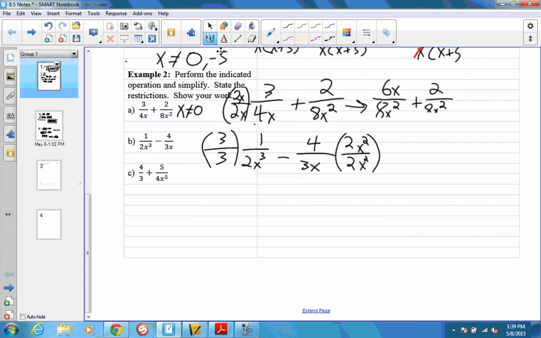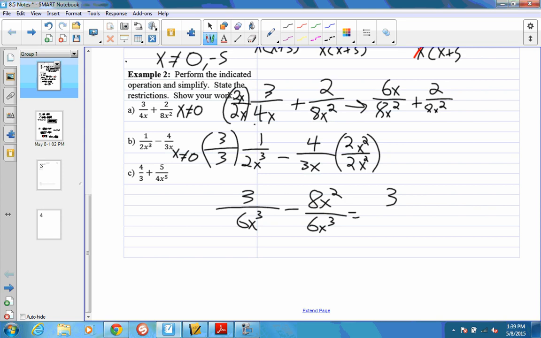Good. So 3 times 1 is 3 over 6x cubed. Good. 6x cubed minus 8x squared over 6x cubed equals. Don't forget the restriction. Oh, dang it. I could do it here, and I'd be fine.